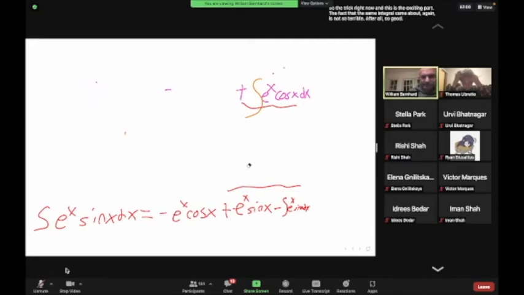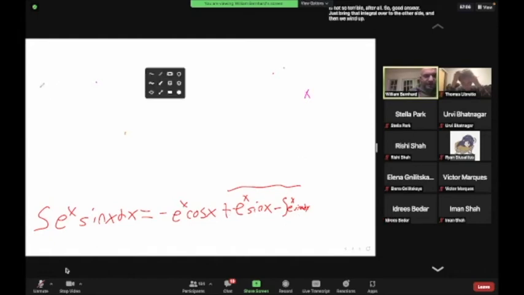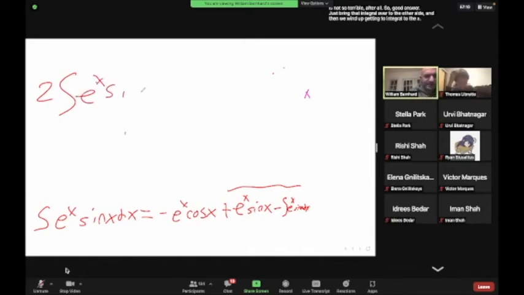So good answer. Just bring that integral over to the other side, and then we wind up getting 2 integral e to the x sine x dx is equal to just negative e to the x cosine x plus e to the x sine x. Now you actually have the answer, and that was very clever.